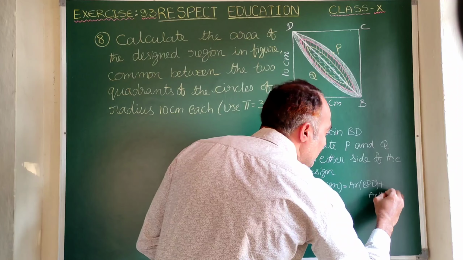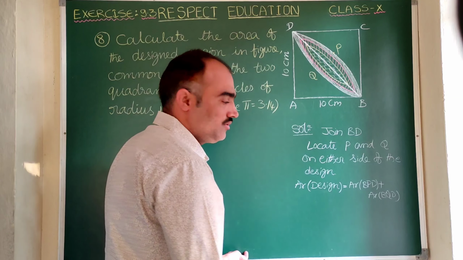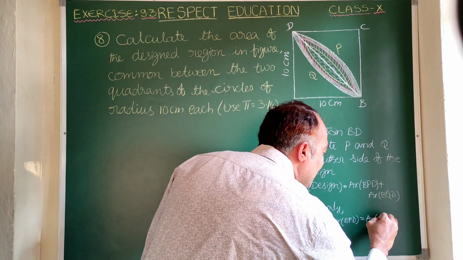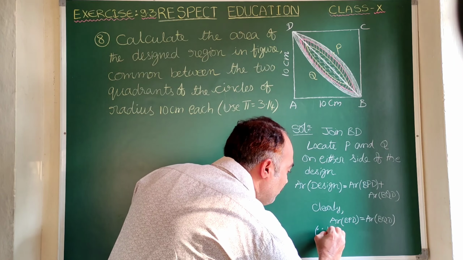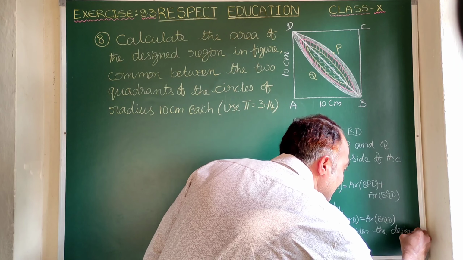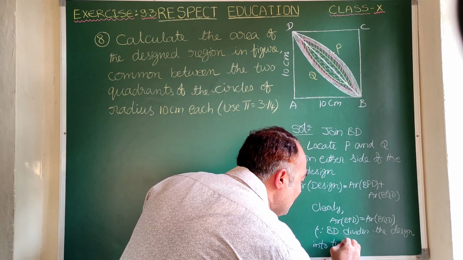In fact, these two are similar and they are equal also. So we can write here that clearly the area of BPD is equal to the area of BQD, since BD divides the design into two similar parts.